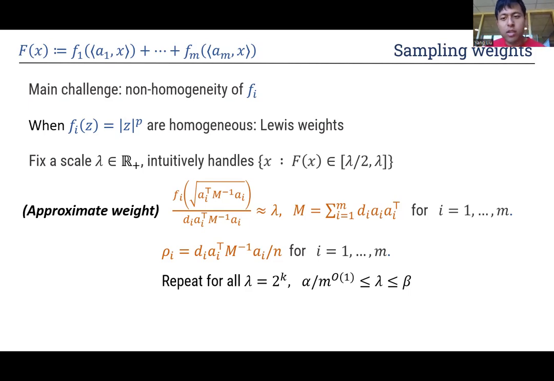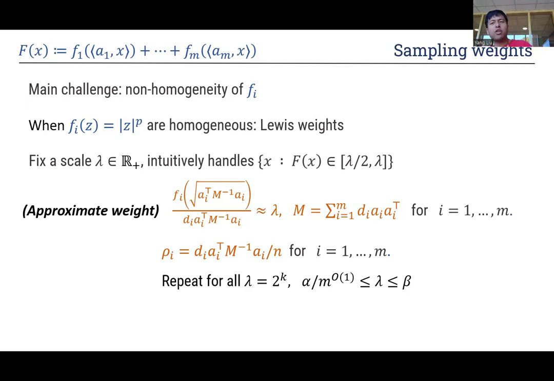So then we call the matrix M approximate weights for the level lambda. Given this approximate weight matrix M, we can find the leverage scores of the matrix M, which are given by d_i a_i transpose M inverse a_i over n, and this will give our sampling probabilities just at the level lambda.